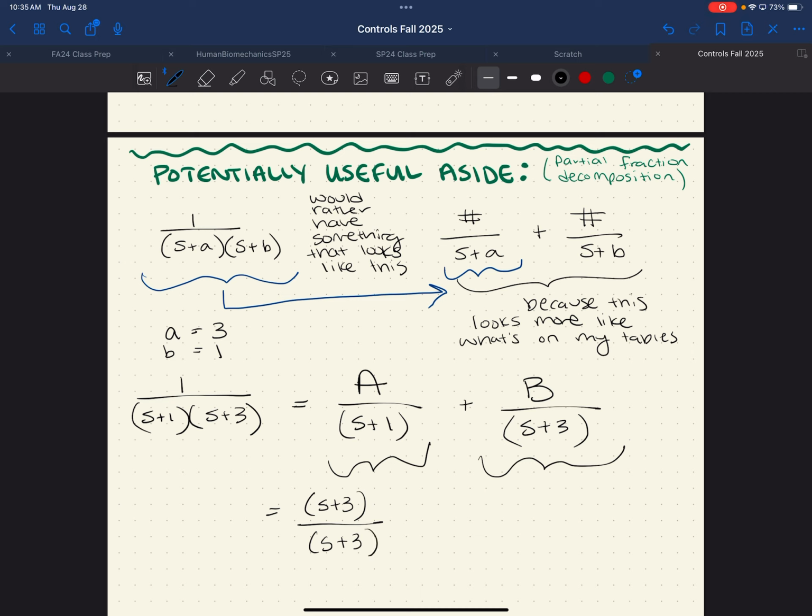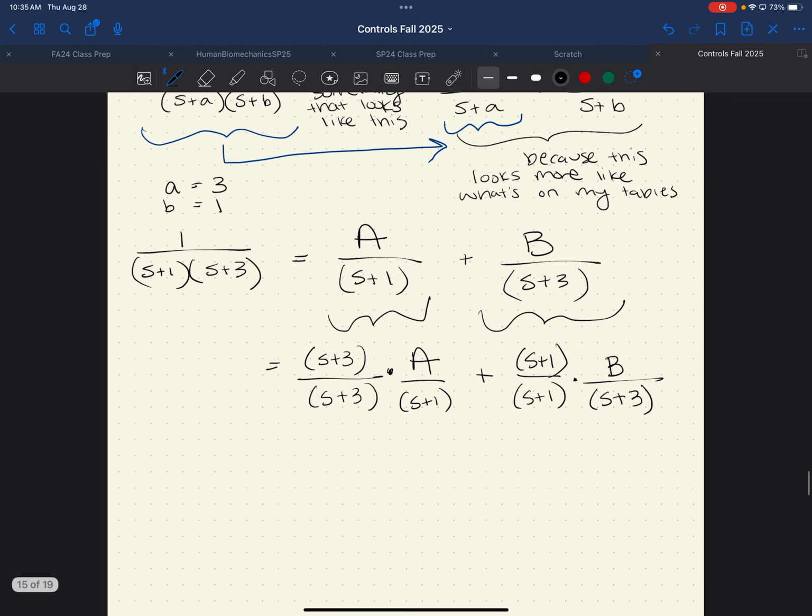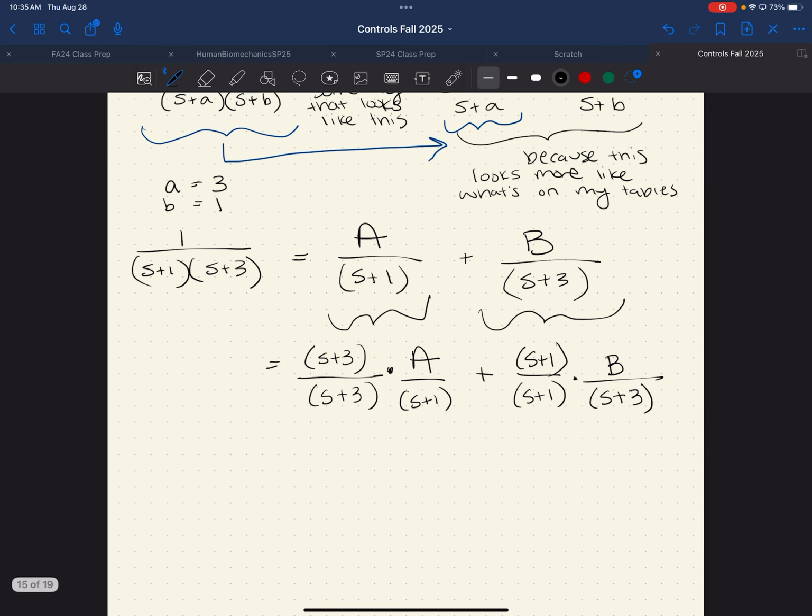It looks a little gross, but it's 1. Times A over s plus 1. Now I'm going to do it the opposite way: s plus 1 over s plus 1 times B over s plus 3. The denominators look a little more correct, right?